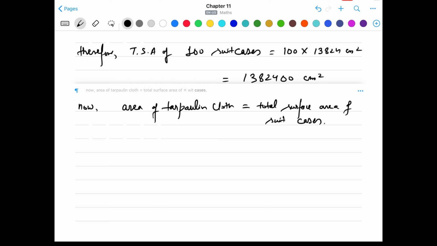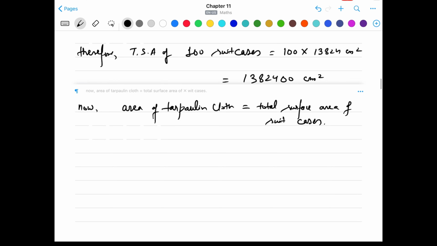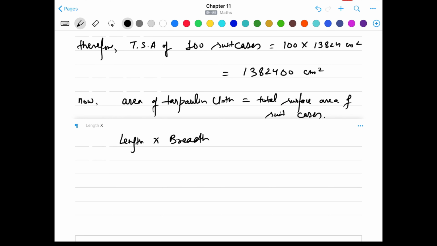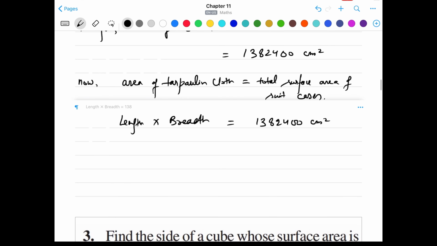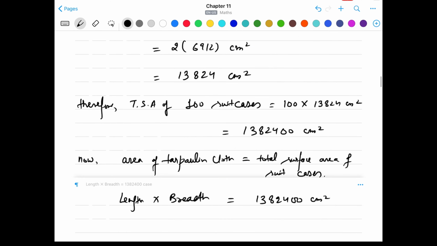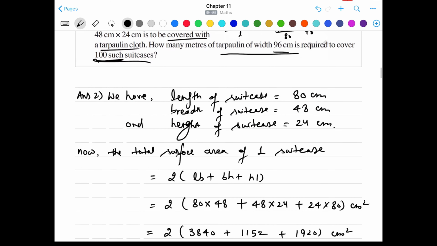Okay, so the area of tarpaulin cloth, which is in the shape of a rectangle, will be given by length into breadth, that is equals to the total surface area of 100 suitcases. Okay, and the breadth of this tarpaulin cloth is given, which is 96 centimeter.